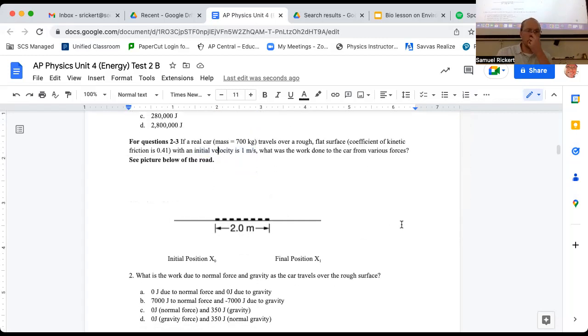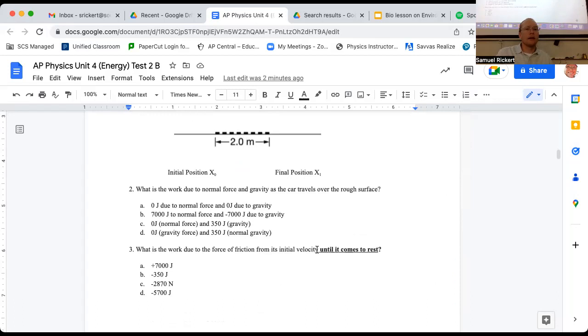Everyone else did the work equation. So yeah, I think I'll pick on Aaron. So did you just skip this part of the question until it comes to rest? I did. Oh, so you were thinking about the practice. Yeah. Okay. So very important. You'll see questions even on the AP test that look familiar.